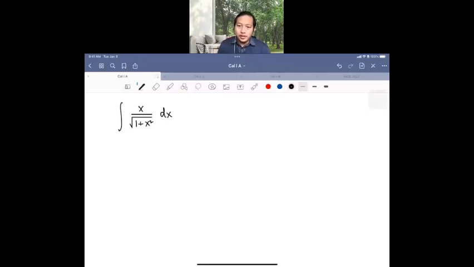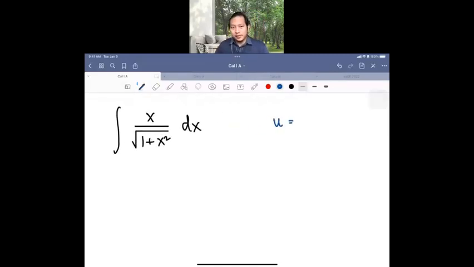Now in the substitution method, as we mentioned, we need to exchange some part of the elements in the integration into another variable, and usually we call it the u variable. Well, it can be any variable, but usually we write it in terms of u. So we are going to have u equal to.